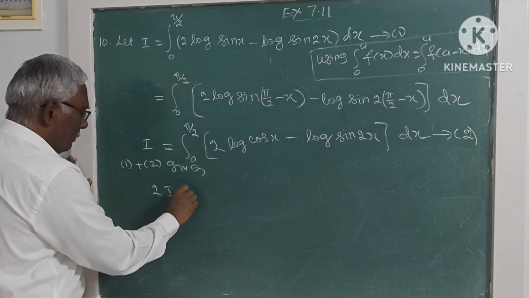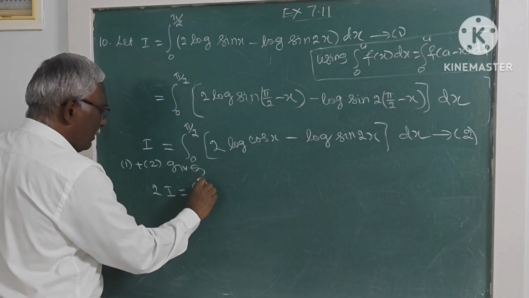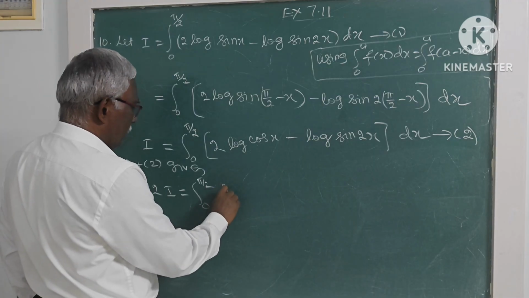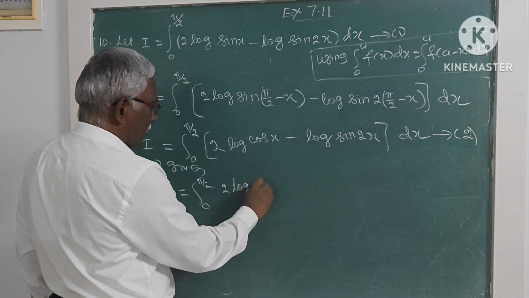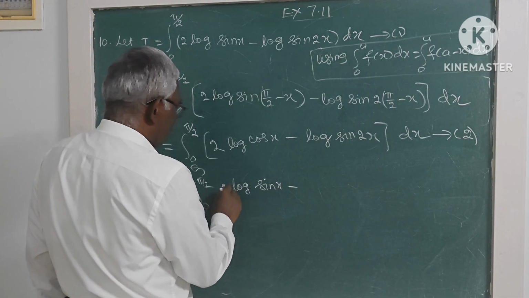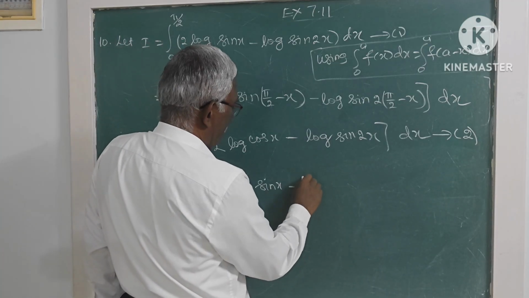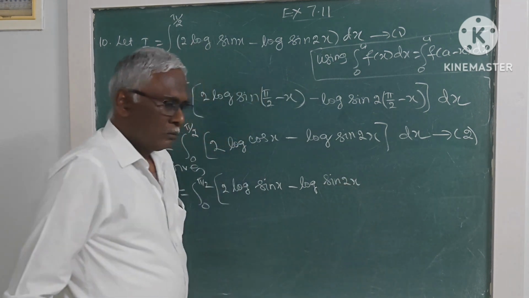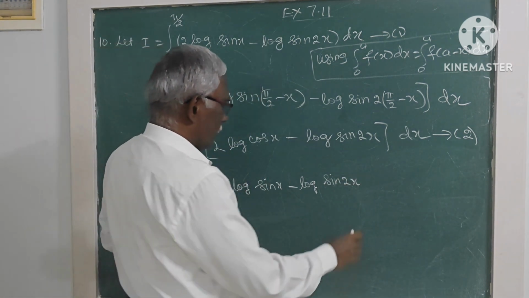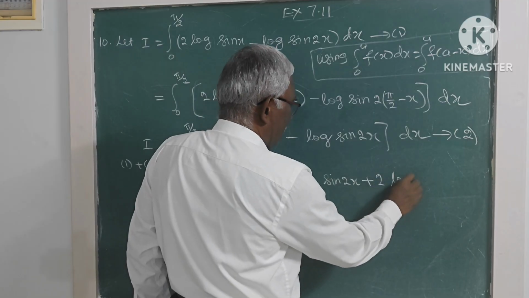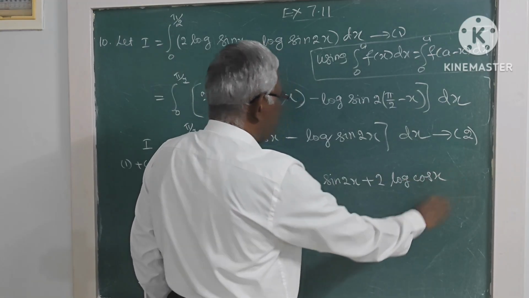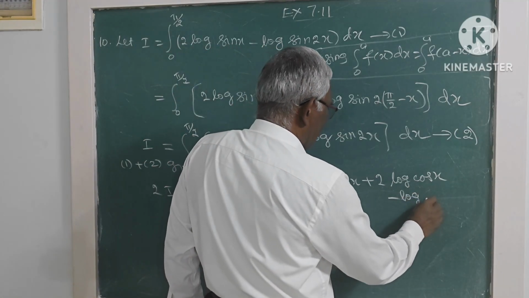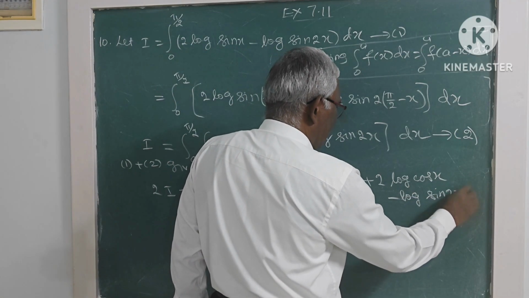2I is equal to integral 0 to pi by 2 of 2 log of sin x minus log of sin 2x plus 2 log of cos x minus log of sin 2x dx.